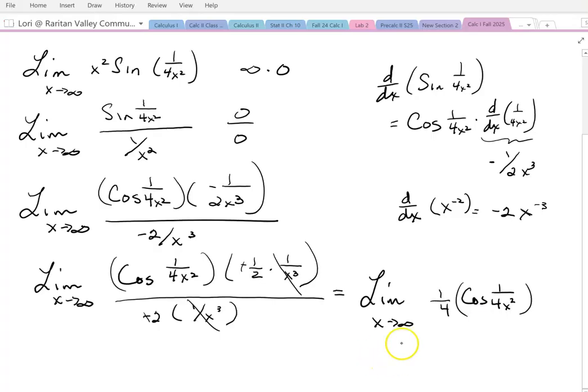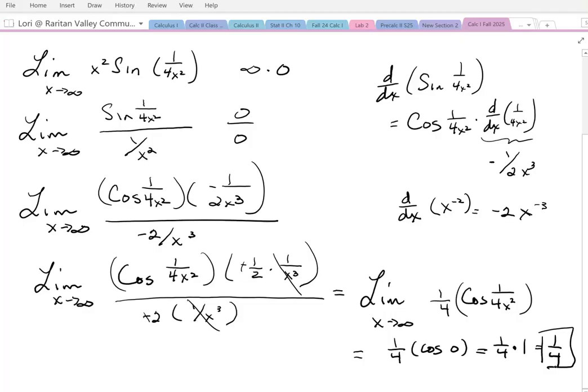And when you go ahead and plug in infinity, you're basically taking cosine of 0, because 1 over 4x squared is going to go to 0 as x goes to infinity. So it's 1/4 times cosine of 0, which is 1/4 times 1. Cosine of 0 is 1. And our answer is 1/4.